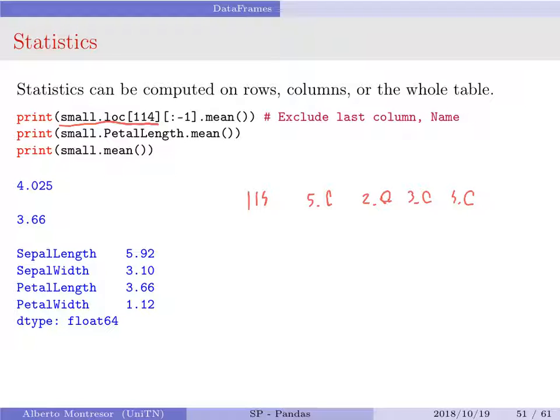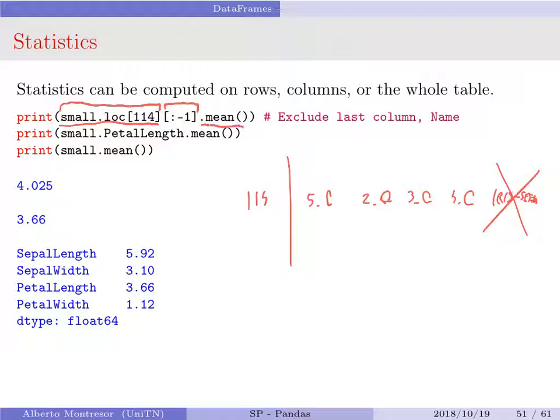But you also get the names like Iris setosa, and you cannot really compute the mean over that. Given that this is a series, I can do slicing on it, and slicing like this means everything but the last element. Now I have everything apart from the name, and now I can compute the mean.